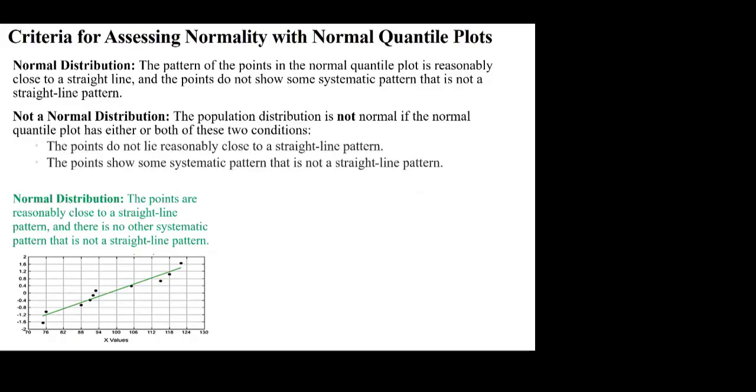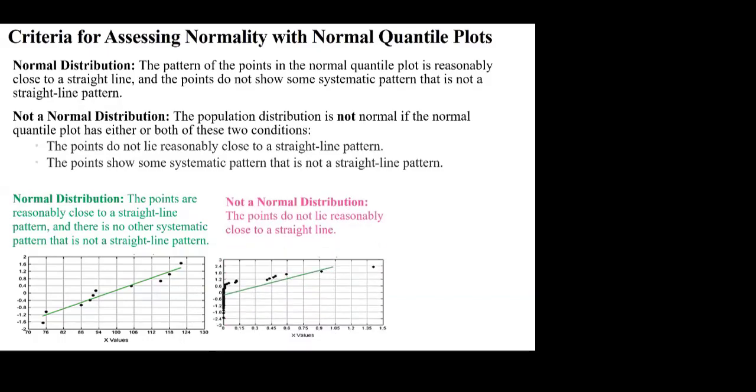Could somebody read this one for us? Not normal: if the normal quantile plot has either or both of these two conditions, the points do not lie reasonably close to a straight line pattern, or the points show some systematic pattern that is not a straight line pattern. Thank you so much. So this is not a normal distribution.